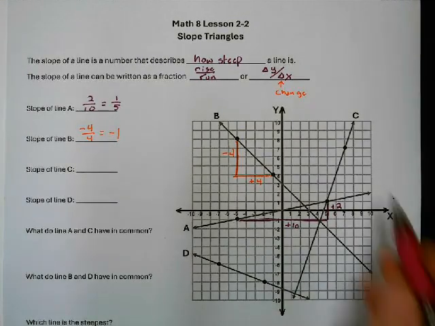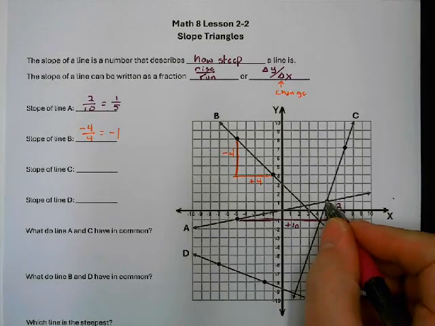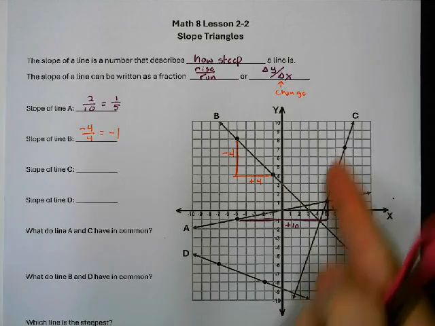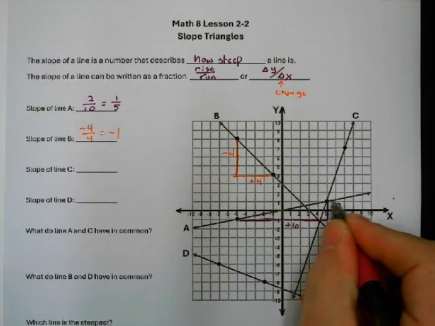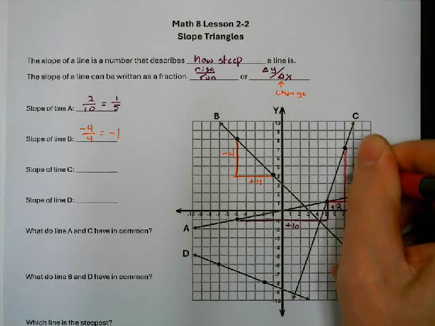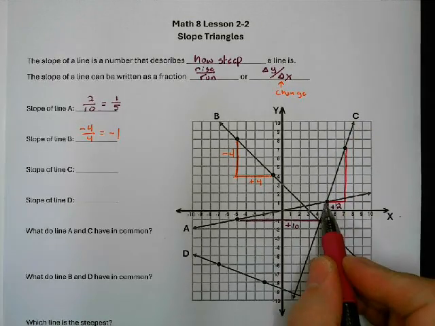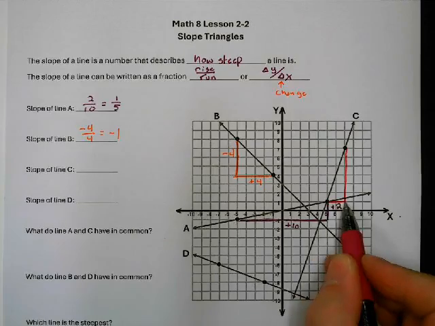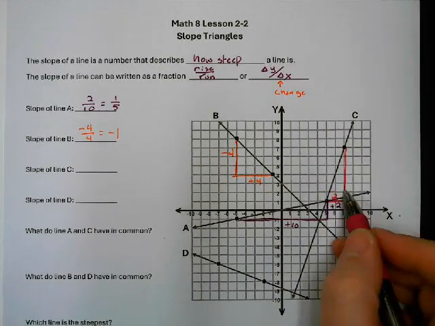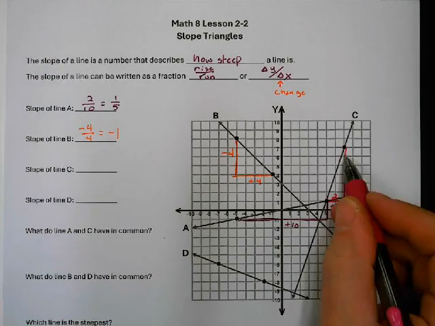Where is C? Here's C. So going from left to right, I would start here and then go up here. This one is going right 2, and it's going up 1, 2, 3, 4, 5, 6.